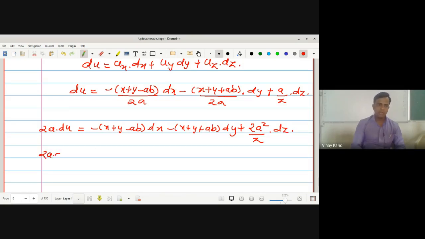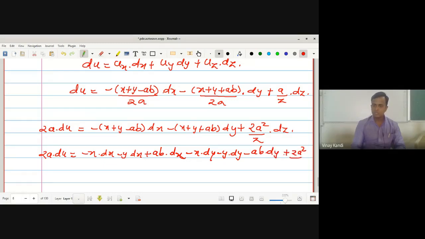Now 2a du is equal to minus x dx minus y dx plus ab dx, and minus x dy minus y dy minus ab dy, plus 2a square upon z dz. Is it correct?